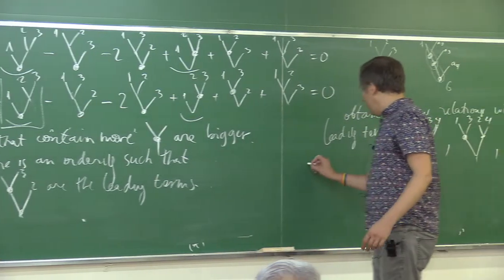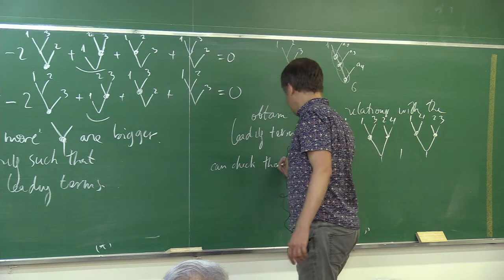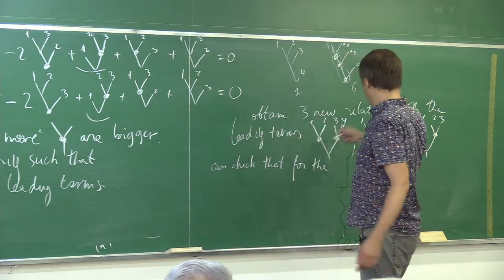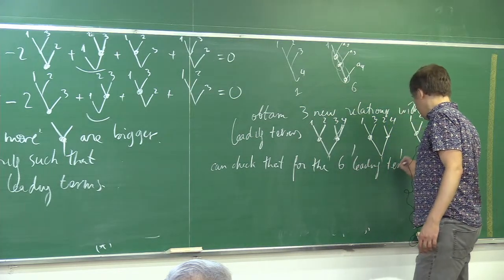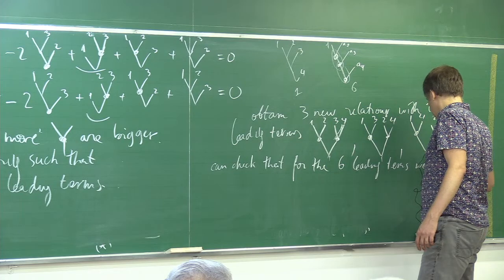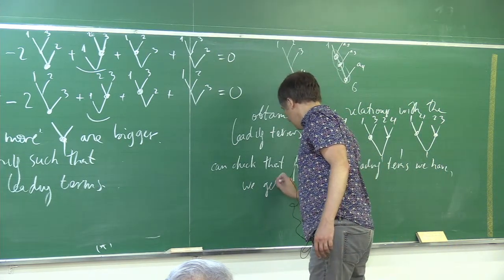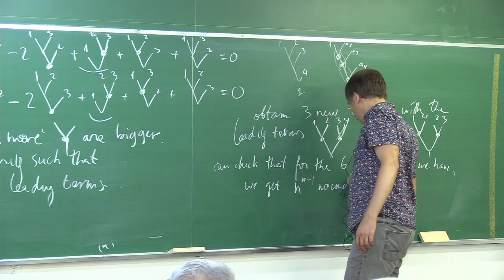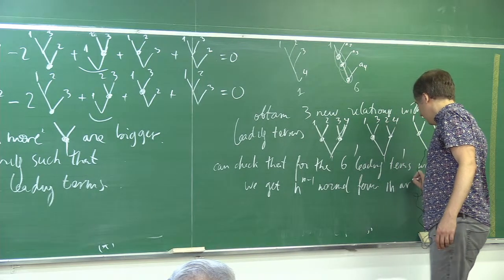It's possible to check that, now that we have the 6 leading terms, we get n to the power n minus 1 normal forms in RTN.